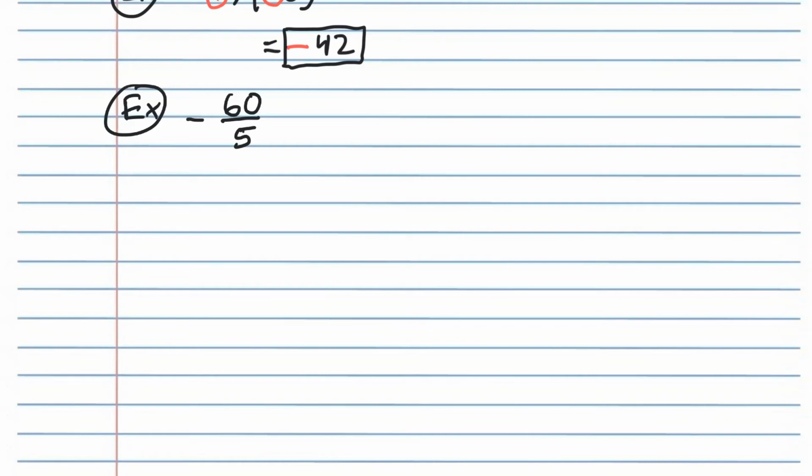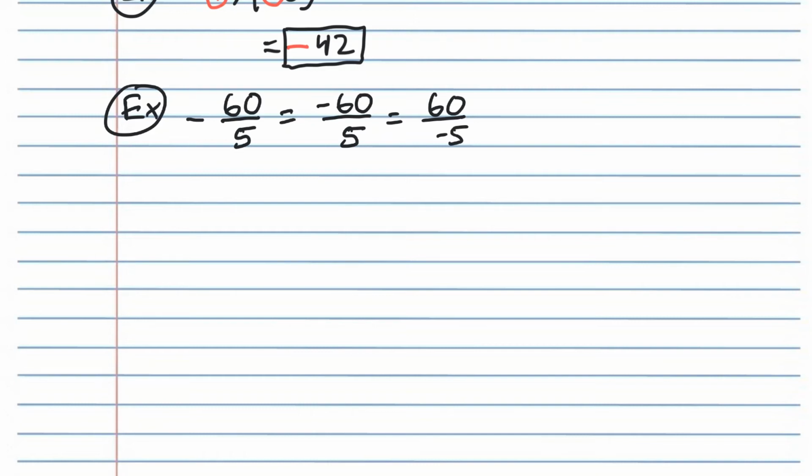First thing you have to know is that the negative is being applied to the entire fraction. If it helps you, you can think of it as giving the negative to the top, so -60 over 5. Sometimes it's better to give it to the bottom, so you can say 60 over -5. Those are all the same thing.